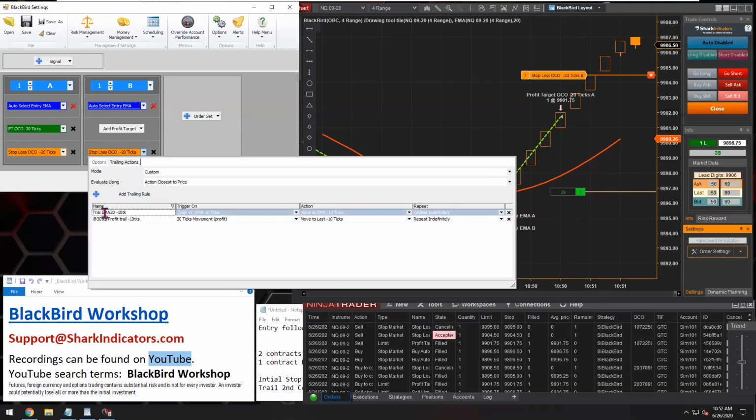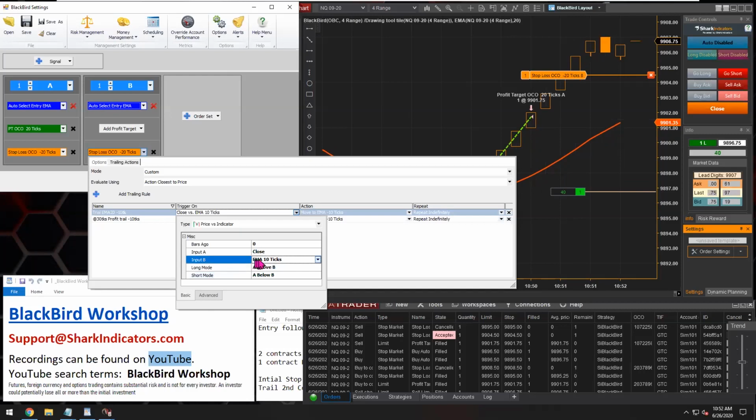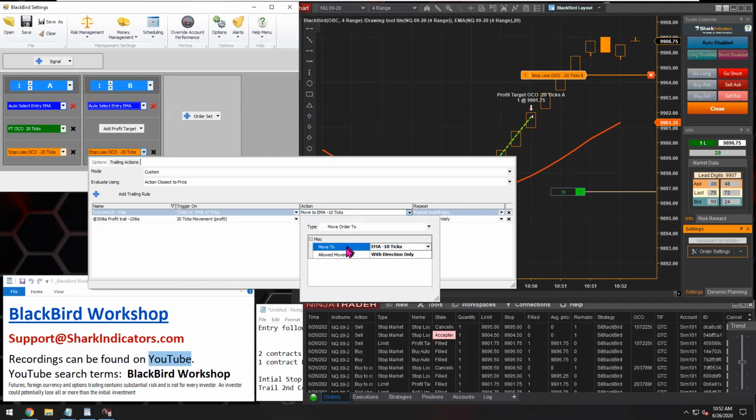If you want your stop loss to follow a moving average, and this is a good tip for using any kind of indicator for your stop loss, use the price versus indicator check to make sure that the close of the bar is on the correct side of whatever indicator you want your stop loss to follow. Do that check first, and then you can have the trailing rule kick in after that.